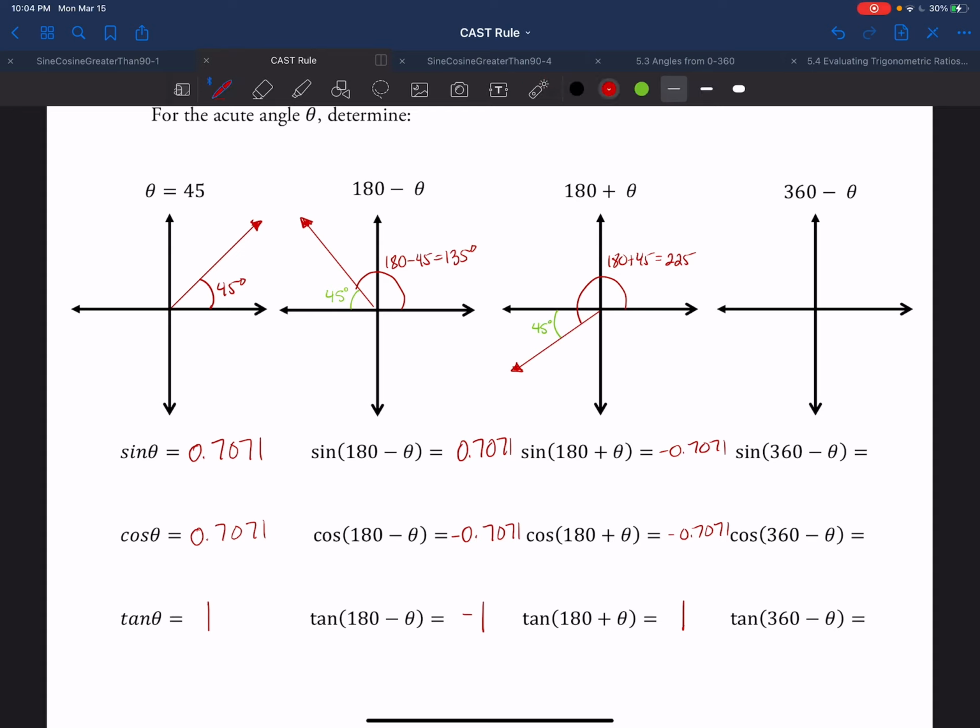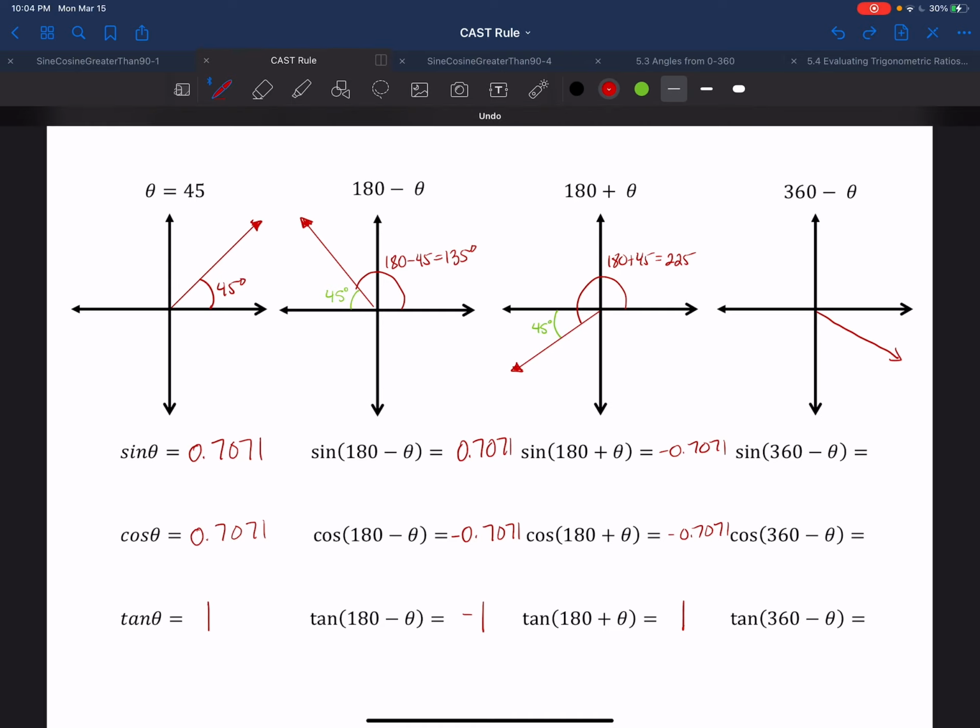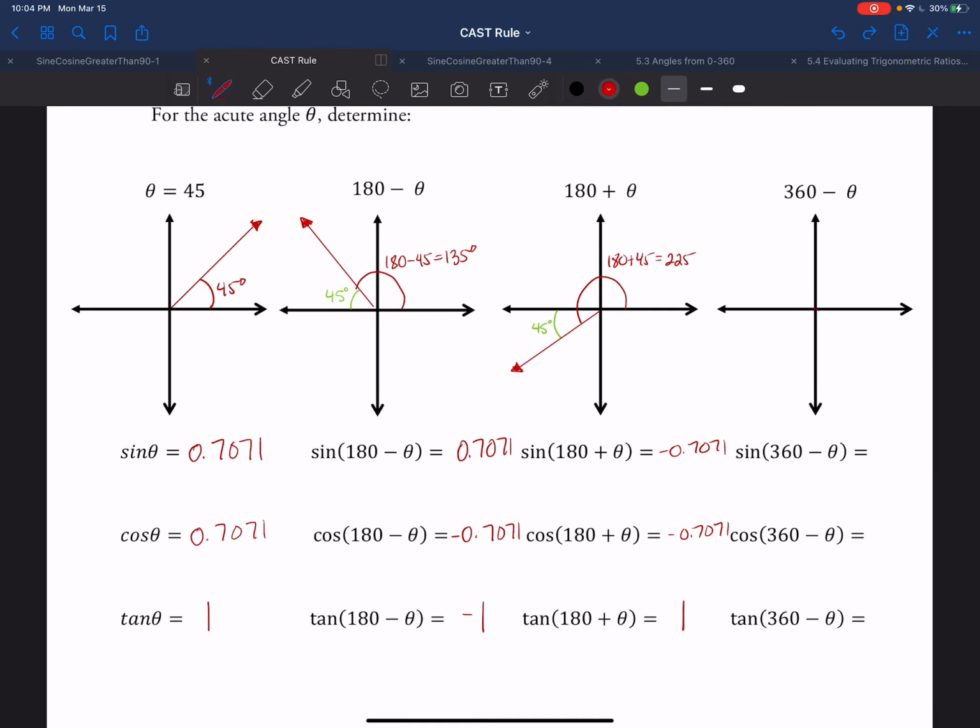And finally, this angle here is 45 degrees away from the x-axis, or in this case, subtracting 45 degrees from 360.